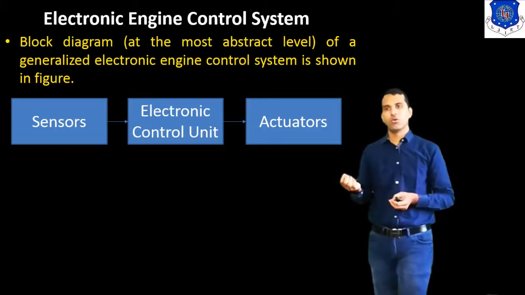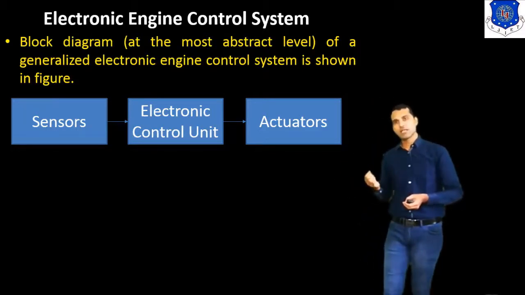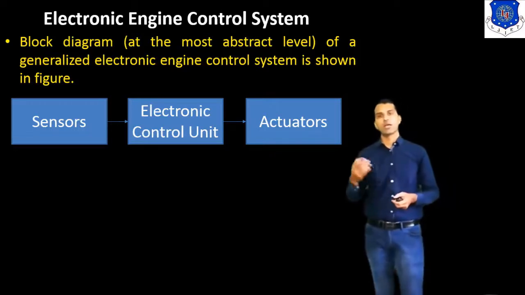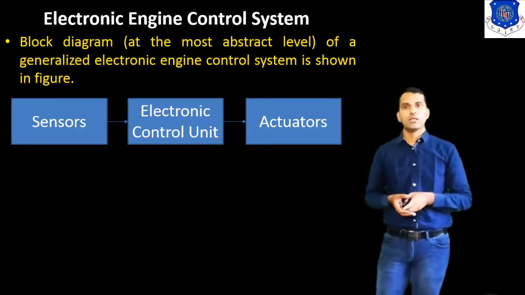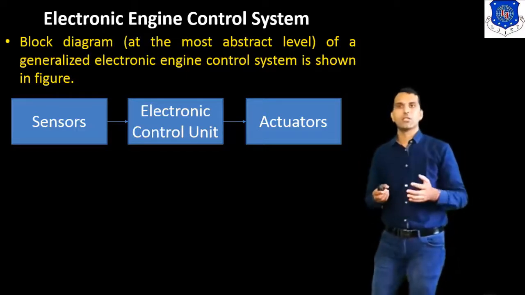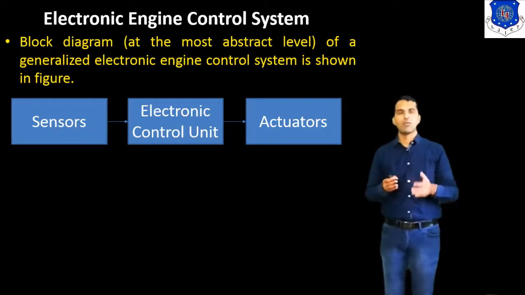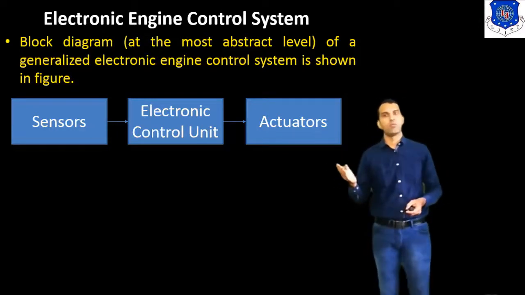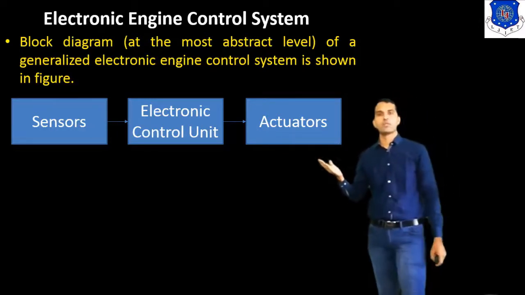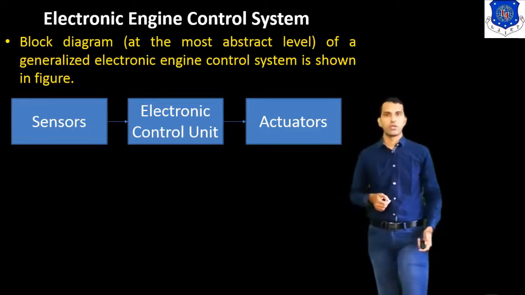This ECU is connected with different sensors. The sensors provide the input to the controller, and the controller matches this input with the predefined program or value. If an error is generated, that error is resolved by the output action, which is taken by the actuator.